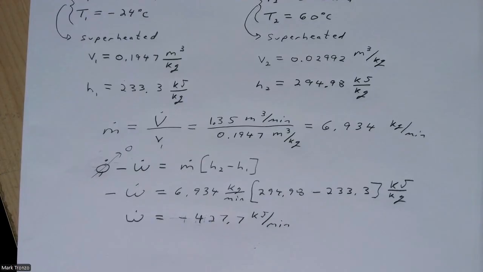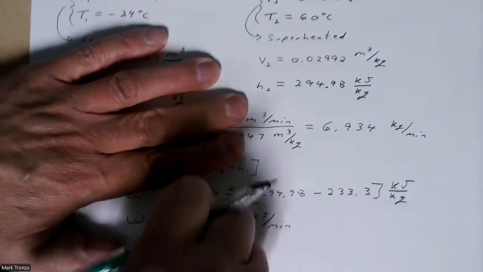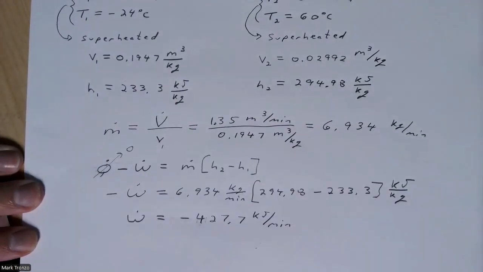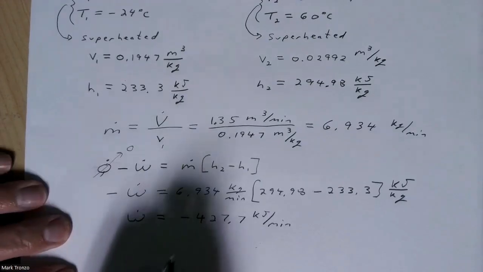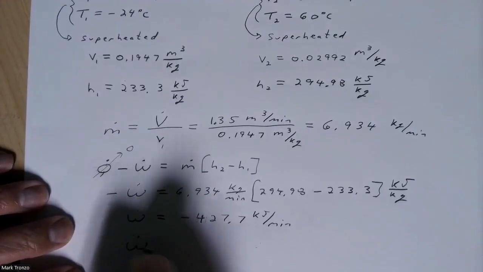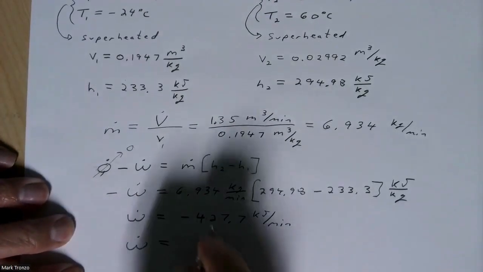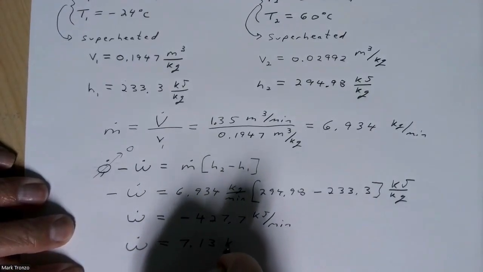And when I put this in my calculator, I get 427.7 kilojoules per minute. And now, if we divide this by 60, that'll give us kilowatts. So let me do that. And it's about 7.13 kilowatts.